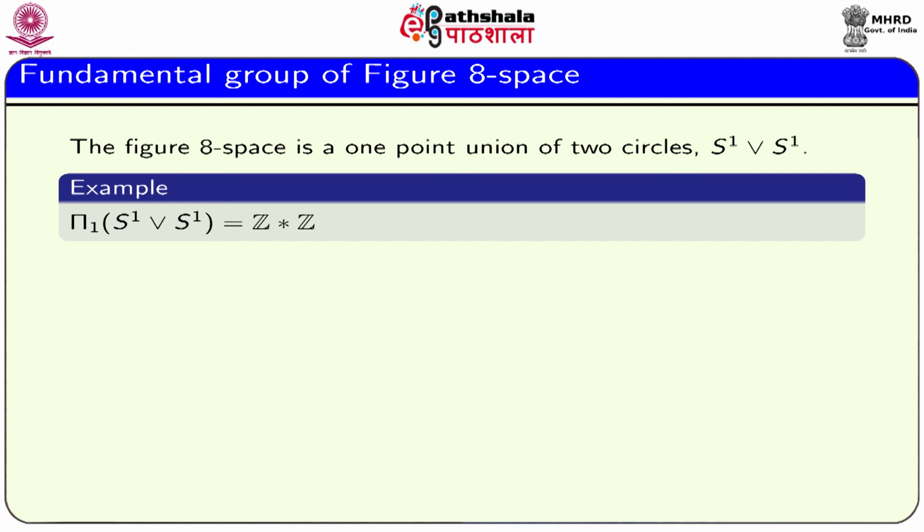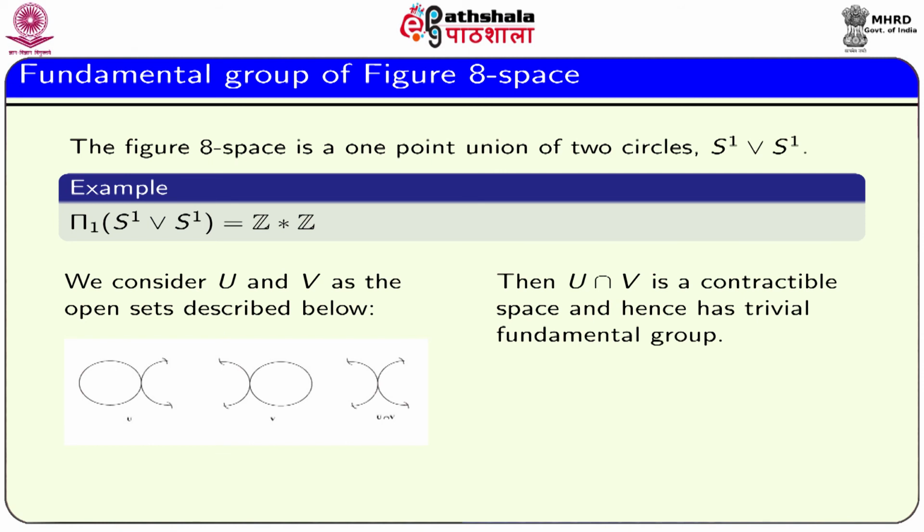The figure 8 space is a one-point union of two circles, that is S1 union S1. We claim that the fundamental group of figure 8 space is the free product Z star Z. So, we consider the open sets U and V as described in this figure.